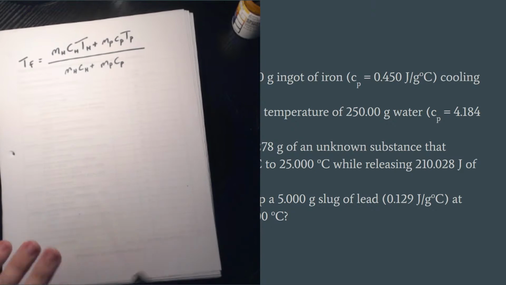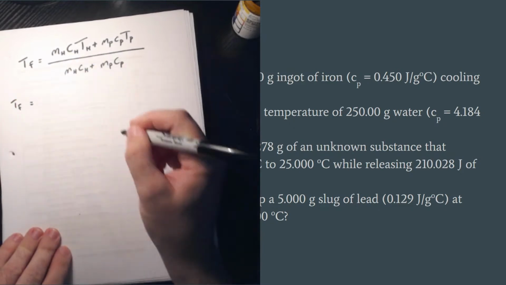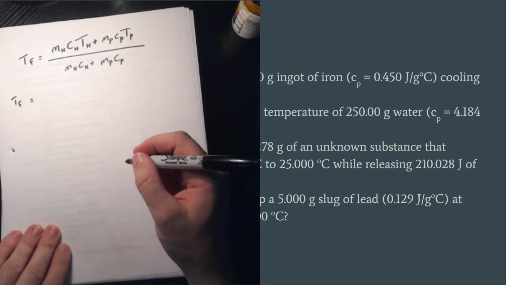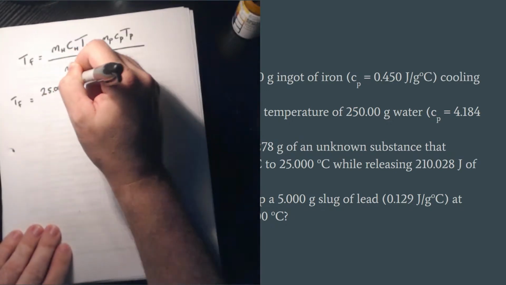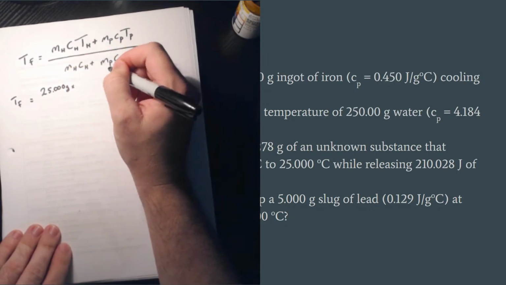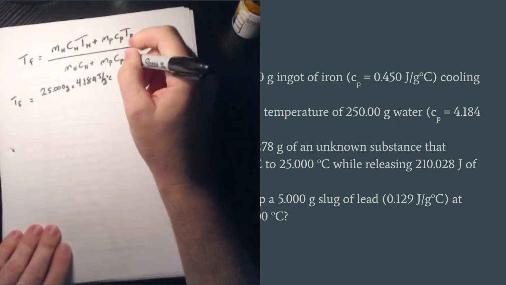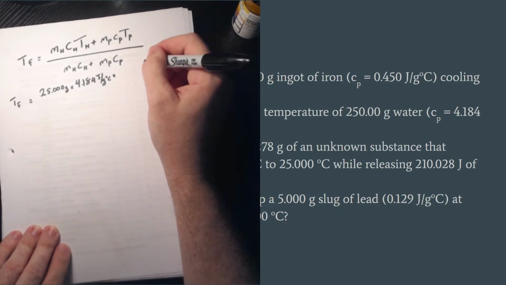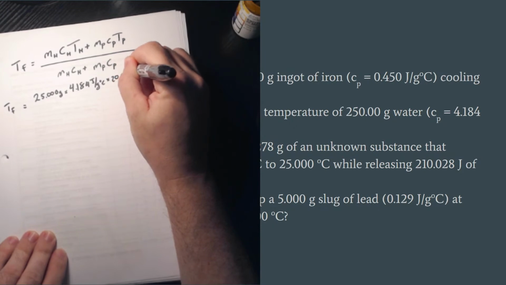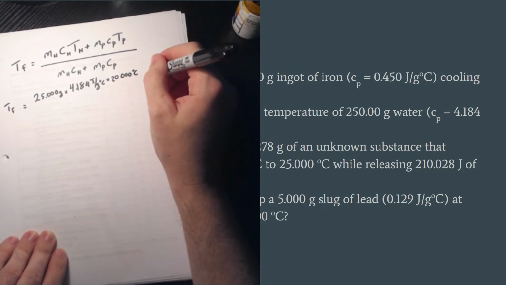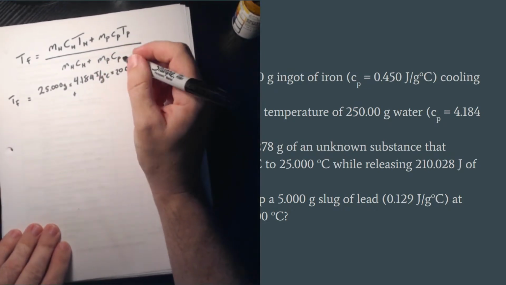So we plug in all of our numbers, and this is going to look weird, but our final temperature is going to be the mass of the water. So that's 25 grams of water times the specific heat capacity of water, which is 4.184 joules per gram degree Celsius, times the temperature of the water, which is 20 degrees Celsius. Okay. Plus, I don't have enough room, not when I'm writing with this Sharpie.